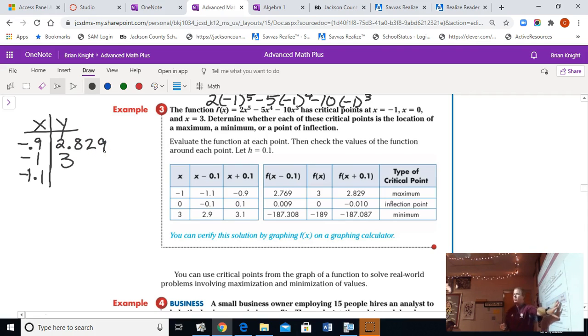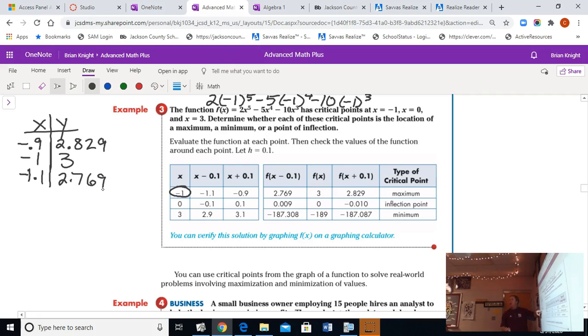Do y'all see their table here? Okay. So here's my original point. Here's one to the left, here's one to the right. So I'm just showing you how you can read their table. So what did they get when they plugged in -1.1? They got 2.769, right?